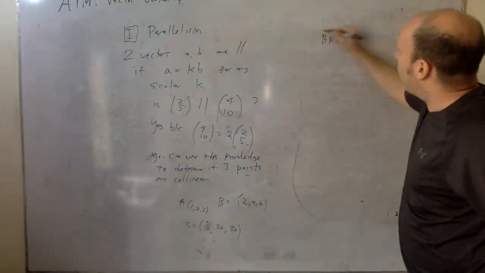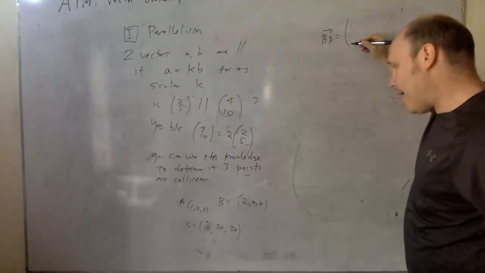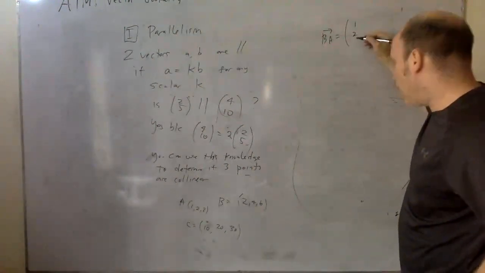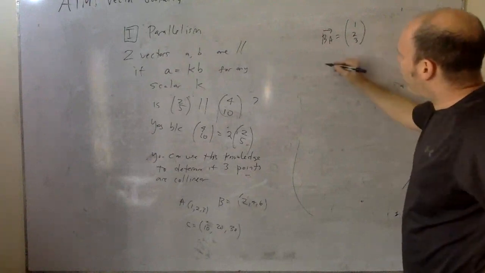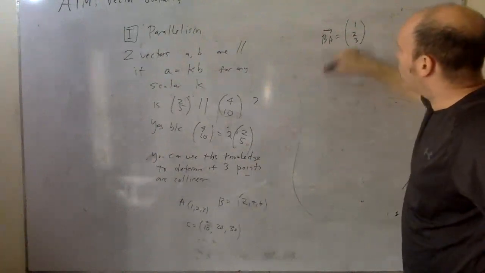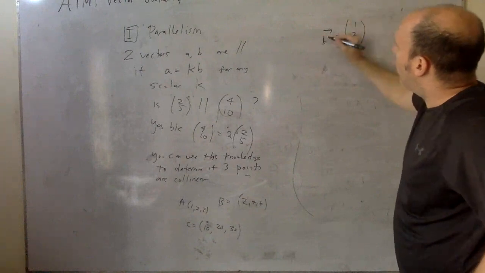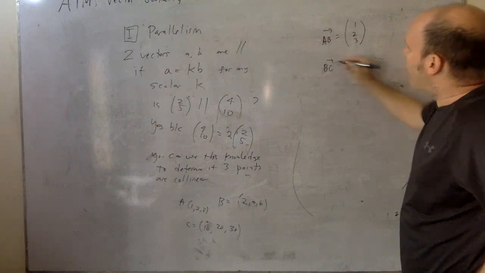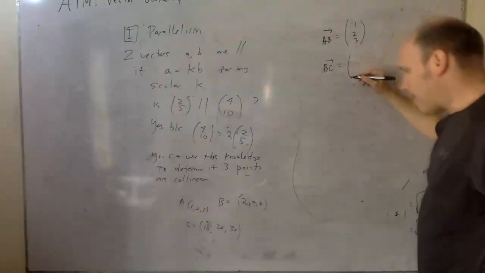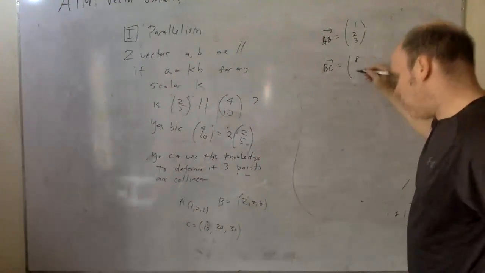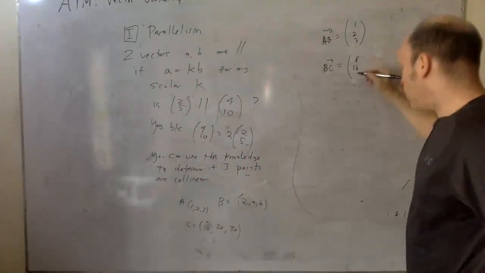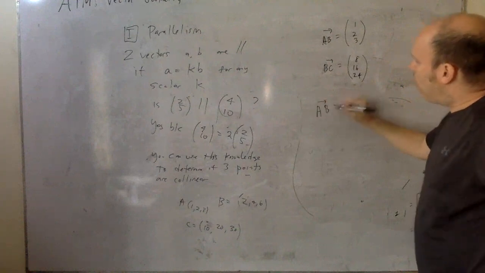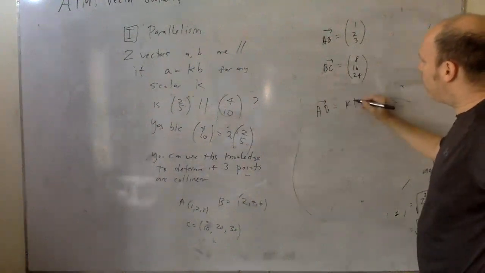So first thing we want to figure out is AB. Well, AB is 1, 2, 3. And now we want to figure out vector BC. What's vector BC? That's 8, 16, 24. And the question is, is BC equal to k AB?